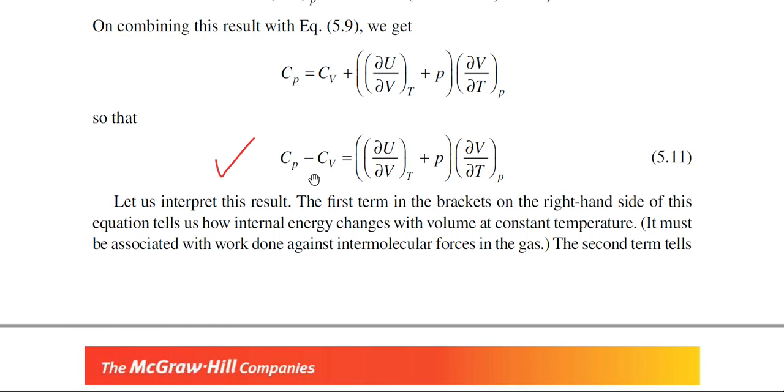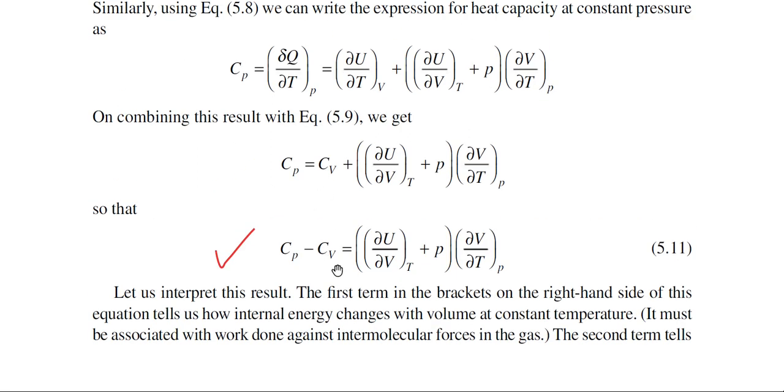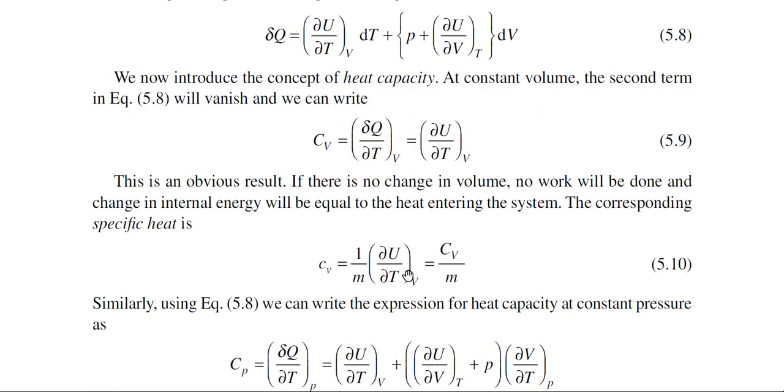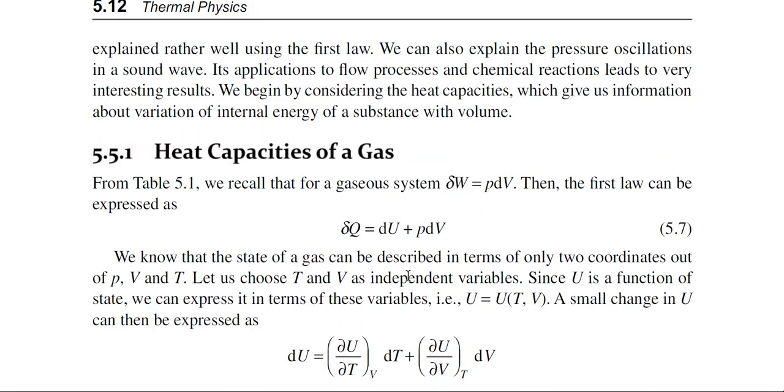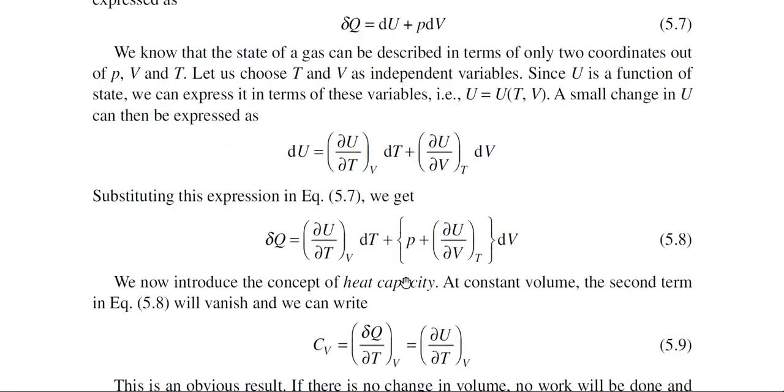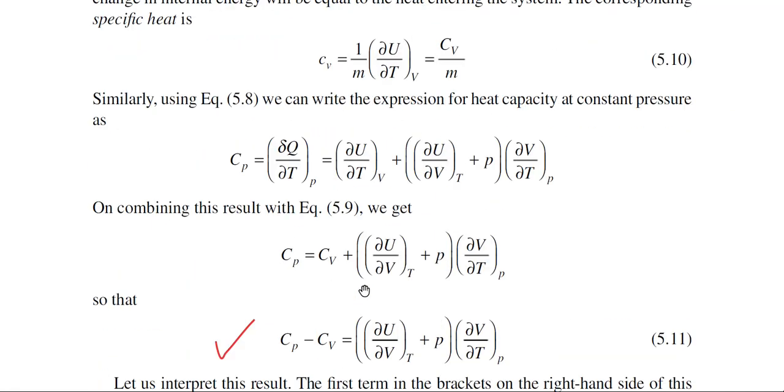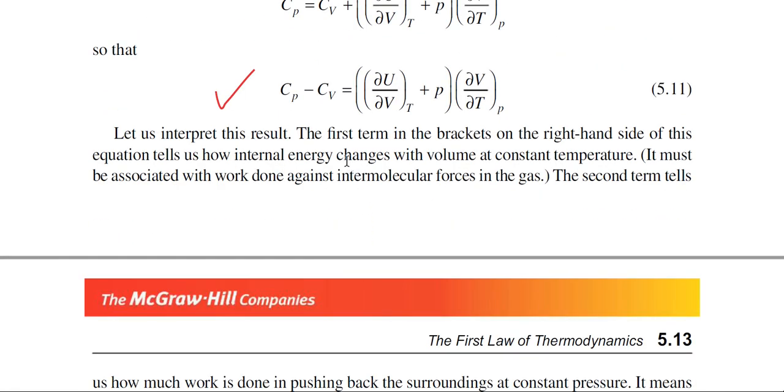Now, there is some application of the first law, but here I can say this derivation, that is Cp minus Cv is equal to this equation, is very important. So, I will request the students to follow these steps so that you can derive the relation involving Cp and Cv, that is Cp minus Cv is equal to this one.